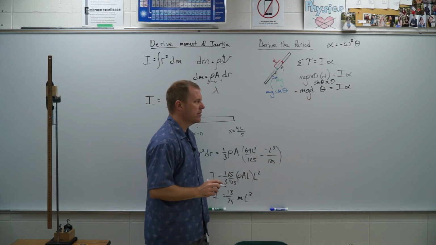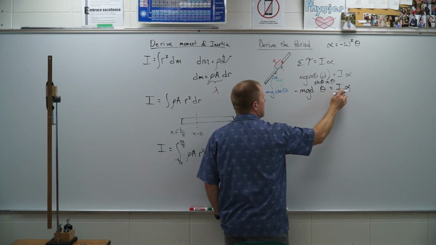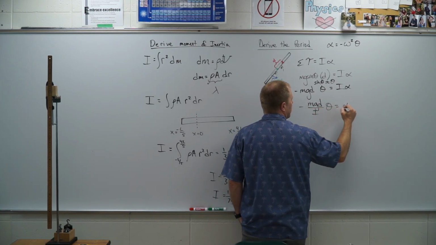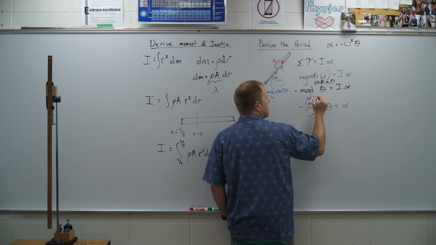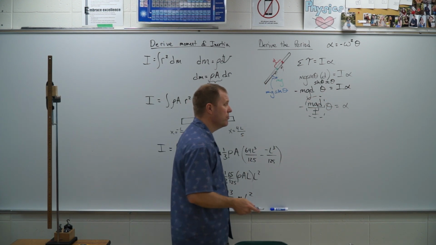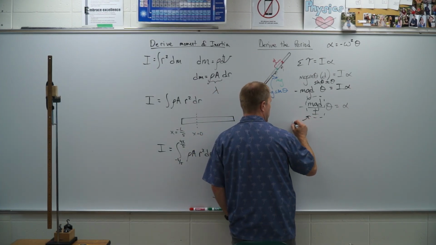So now I have mgd divided by I, negative theta, equals alpha. This is my omega squared. So now I can go ahead and use that to find my period.